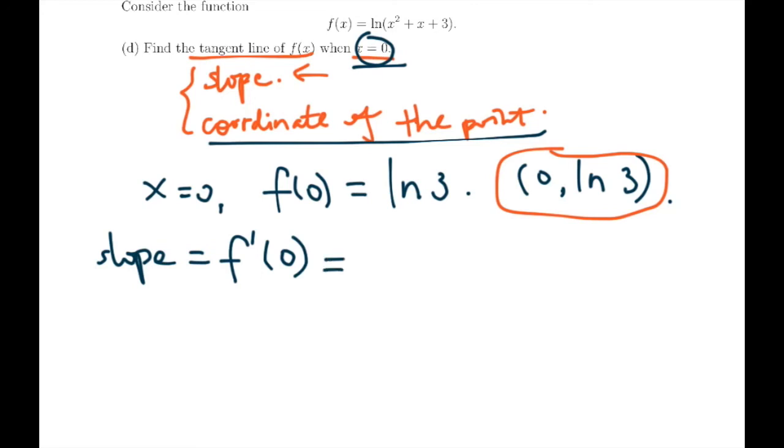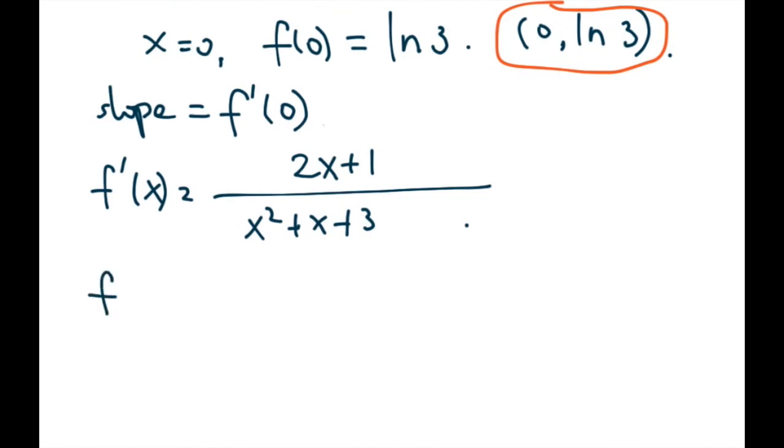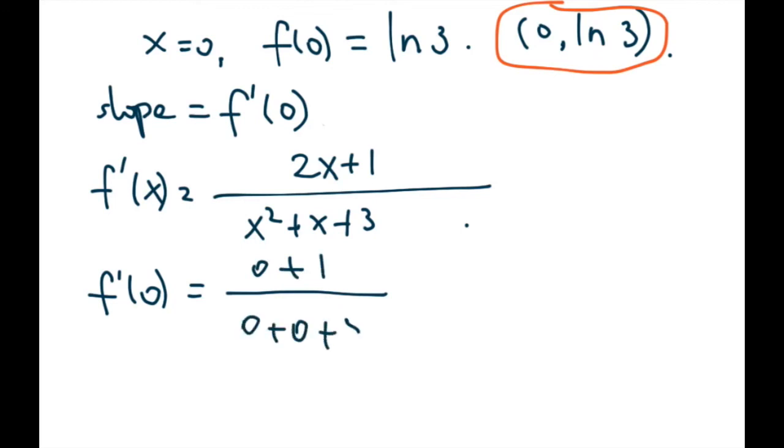And we know that f prime of x is equal to 2x plus 1 over x squared plus x plus 3. So we plug in x equal to 0. That is 0 plus 1 over 0 plus 0 plus 3. So f prime of 0 is equal to 1/3. That means the slope is 1/3.